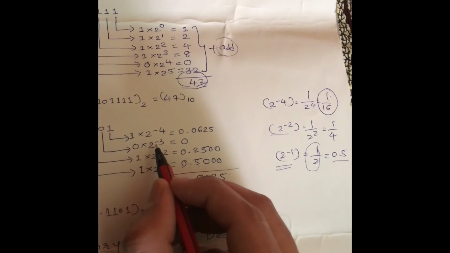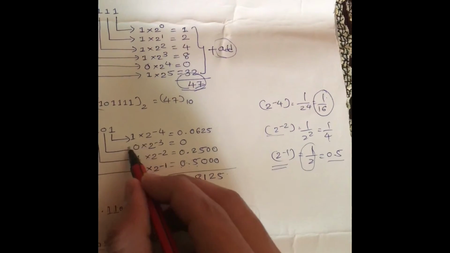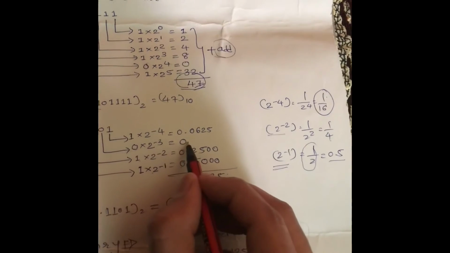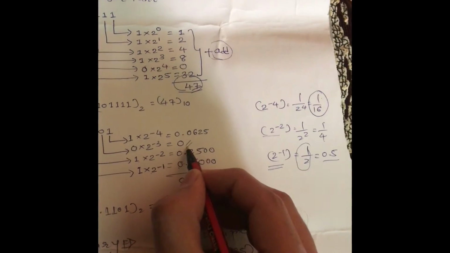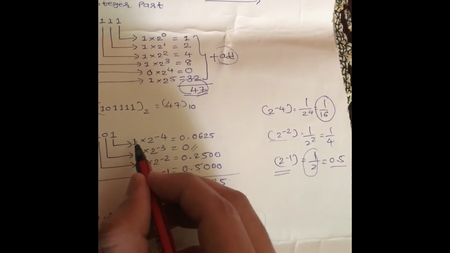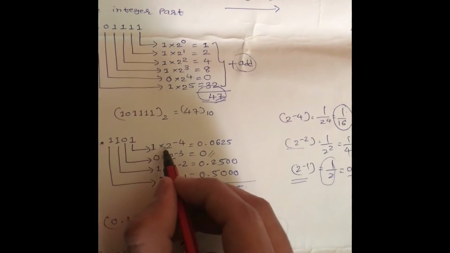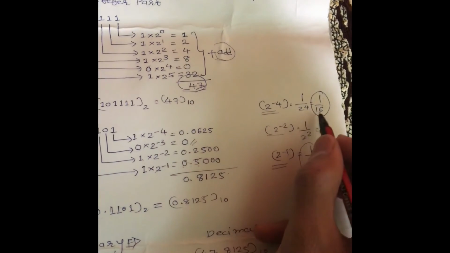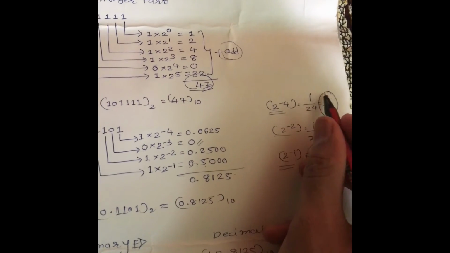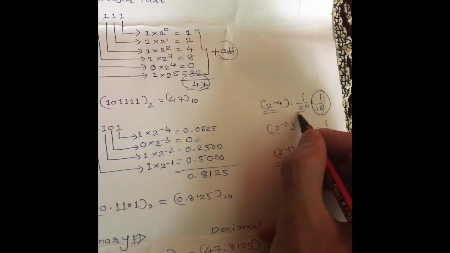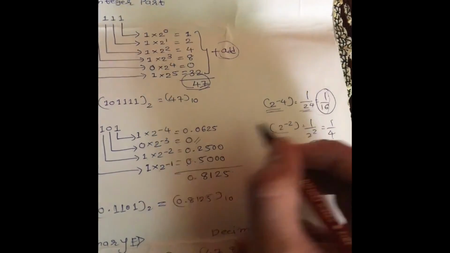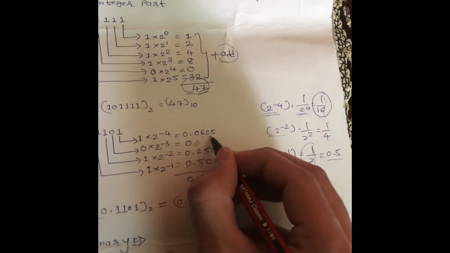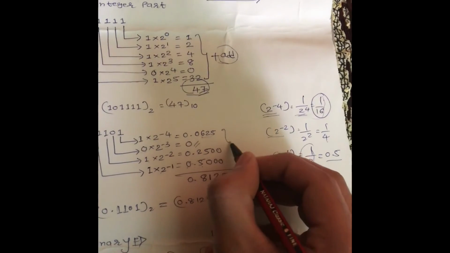Now the third one, 2 raised to minus 3 into 0, so I'm directly writing 0, as you all know that 0 multiplied by any number is 0. Then 1 into 2 raised to minus 4, that is 1 upon 2 raised to 4, equal to 1 upon 16. With the help of a calculator you can also solve it, and you will get 0.0625.